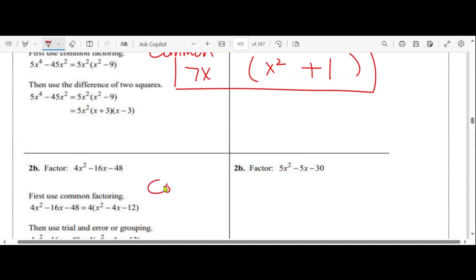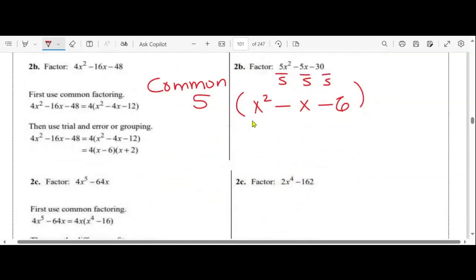Here, do we have anything common? The 5. So what's left? X squared. Can I factor this? X and X. 2 and 3 or 6 and 1? 2 and 3.